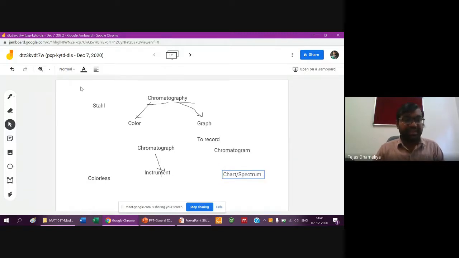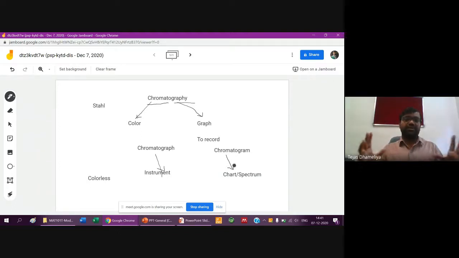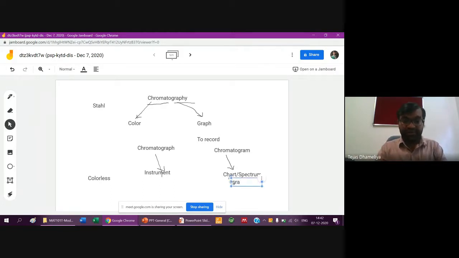Okay, basically, I need to explain you people what is called chromatography. So chromatography is a technique to separate the compound. Chromatograph is an instrument used in chromatography, and chromatogram is a kind of chart, spectrum or a kind of graph for X versus Y.